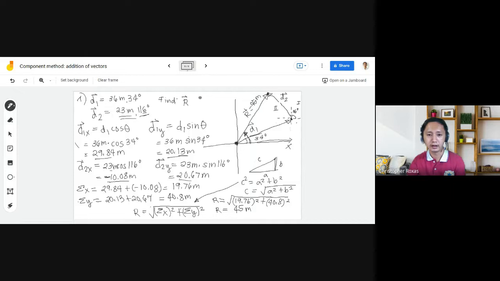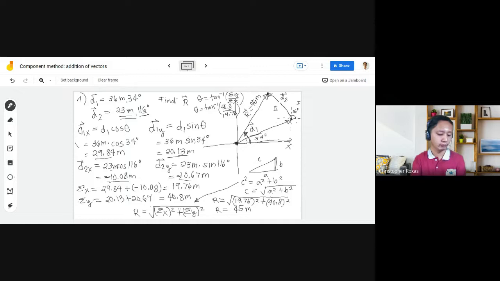So theta will be equal to the inverse tangent of summation of all the y over summation of all the x. Okay, so theta will be the inverse tangent of 40.8 over 19.76.